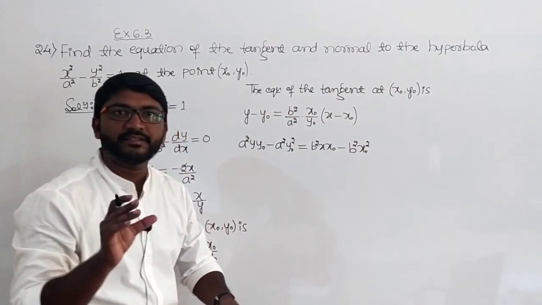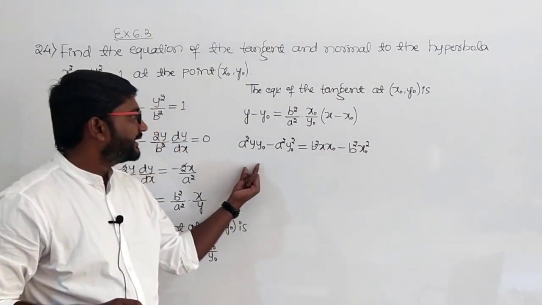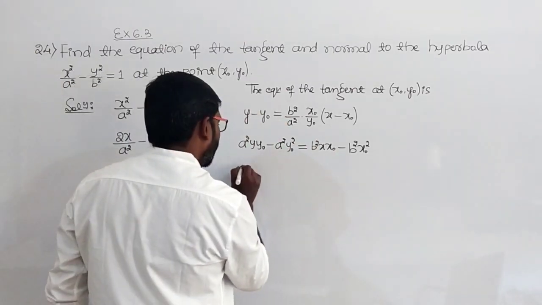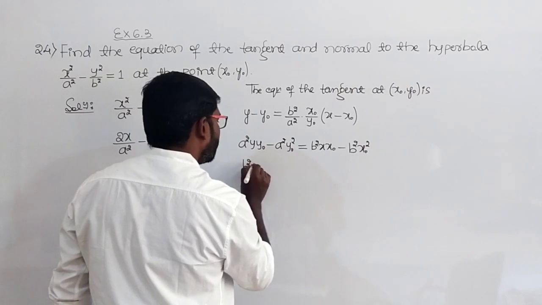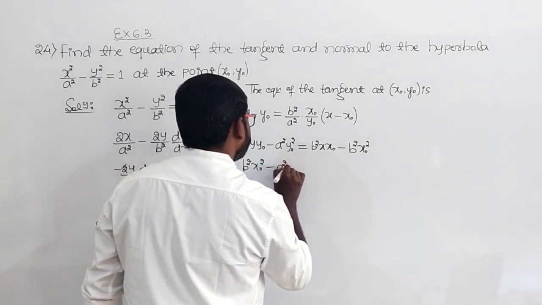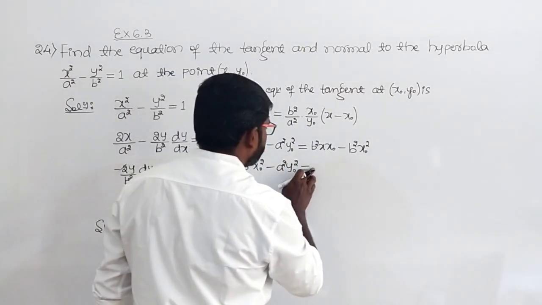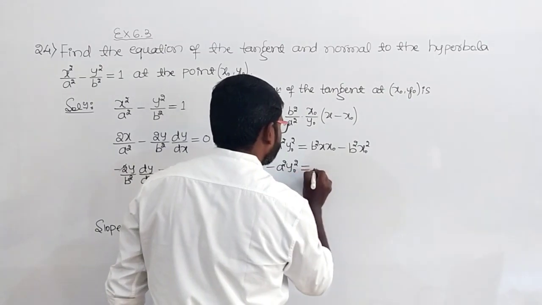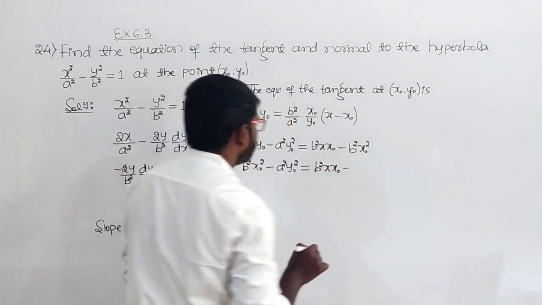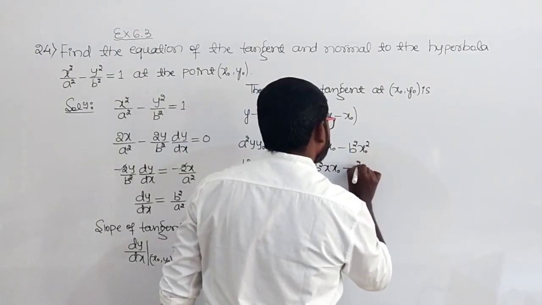So I'll be rearranging the terms now. Take minus b square x naught square to the left hand side and a square y naught y to the right hand side. So we get b square x naught square minus a square y naught square, which is equals to b square x into x naught minus a square y naught y.